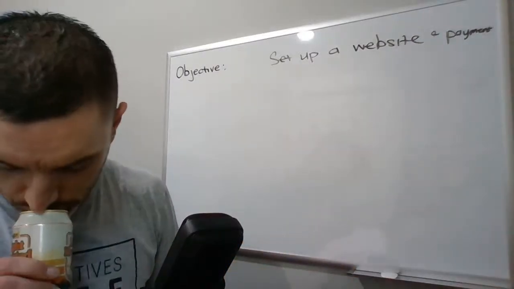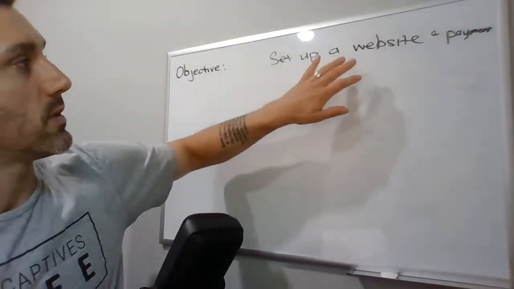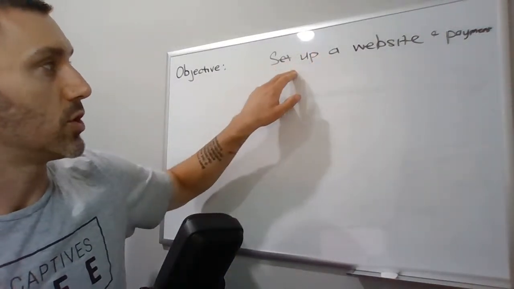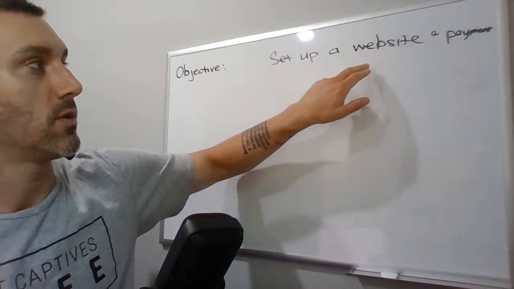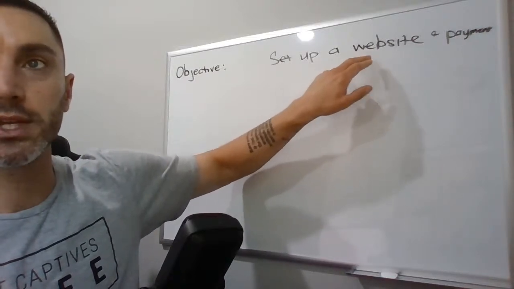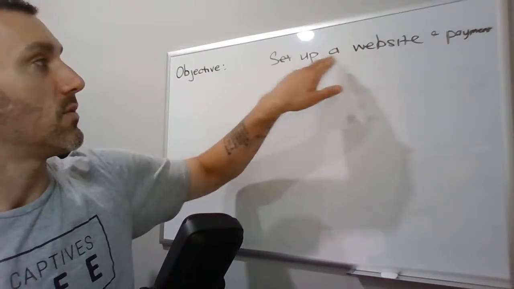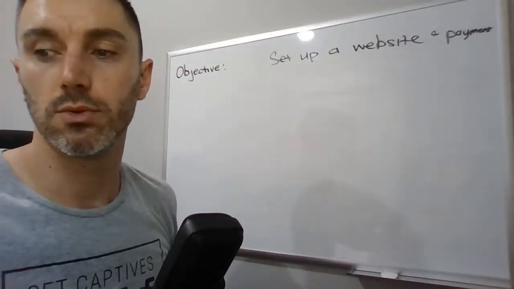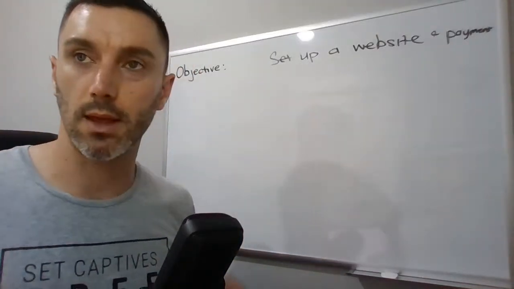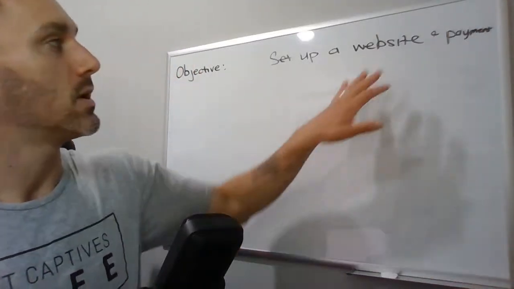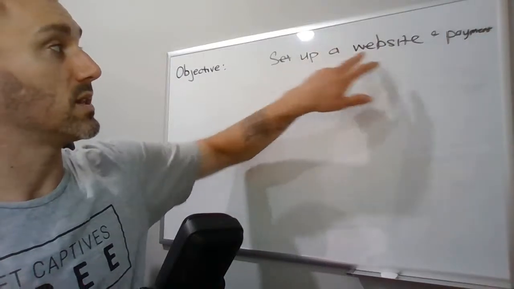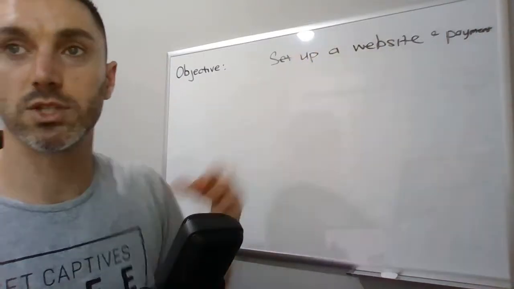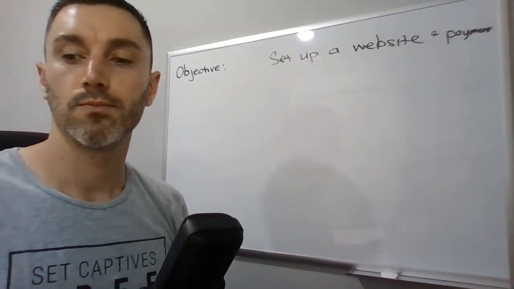Now, I always go directly the quickest way to reach an objective. My objective right now is just to get an online presence, set up something that people can reach on the internet. The easiest way to set up a website would be just a static website.